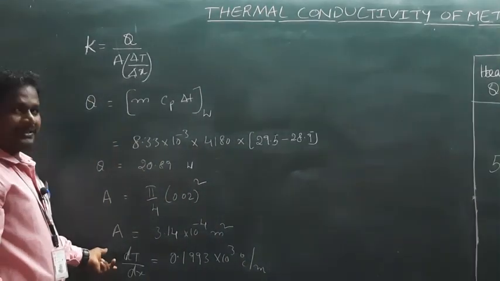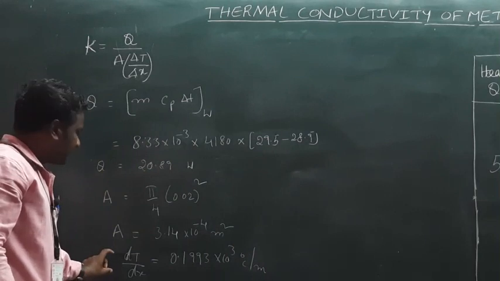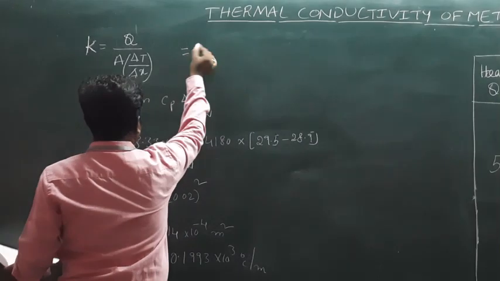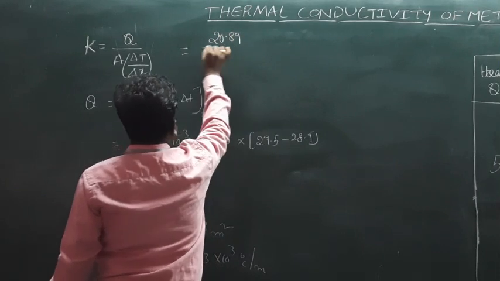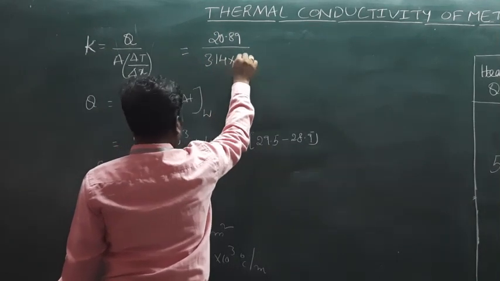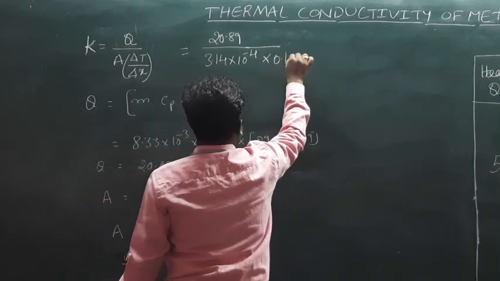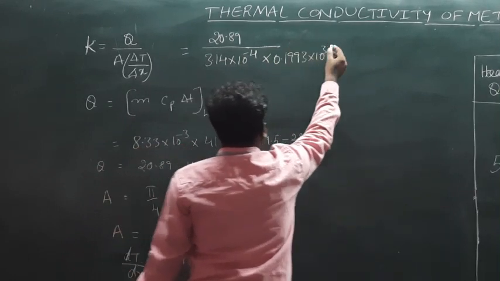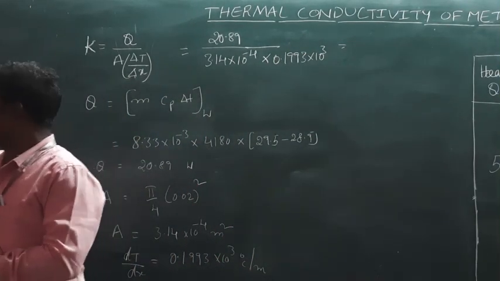Substitute all these values, heat input value Q, area, and dT by dx, in this equation, and we will get the thermal conductivity value. Calculate this by using the calculator.